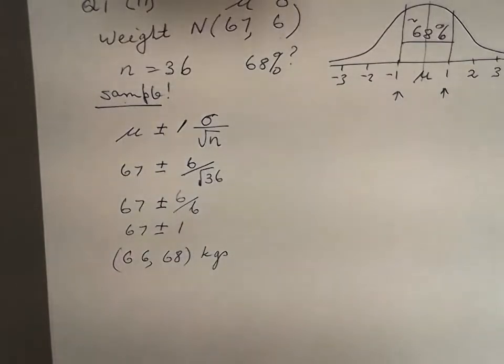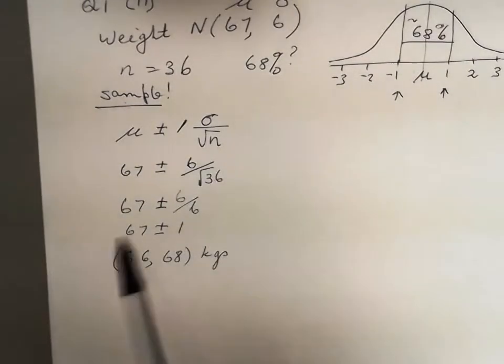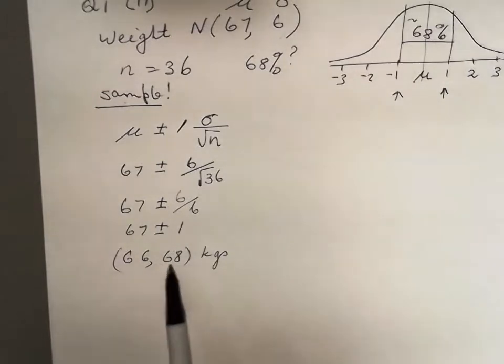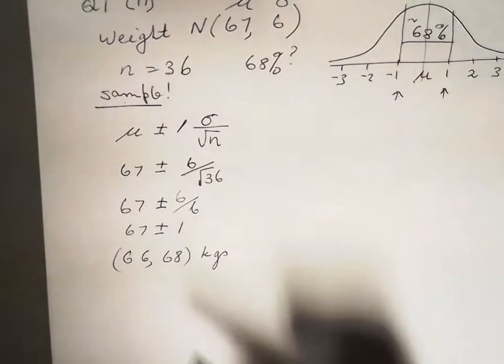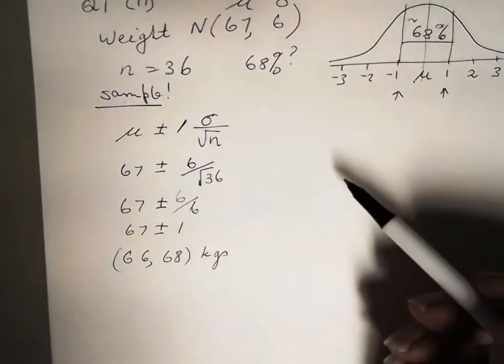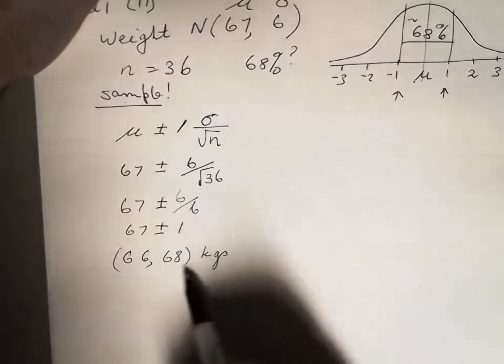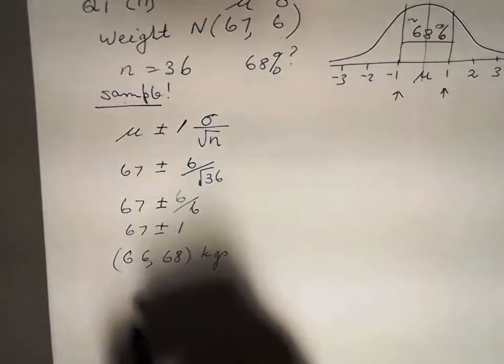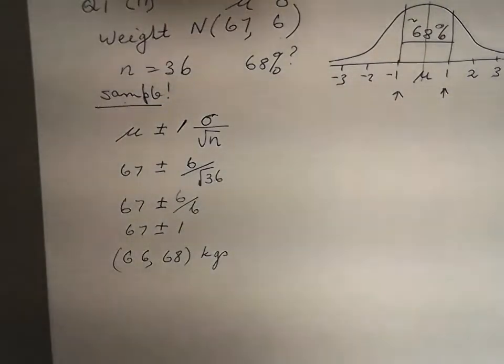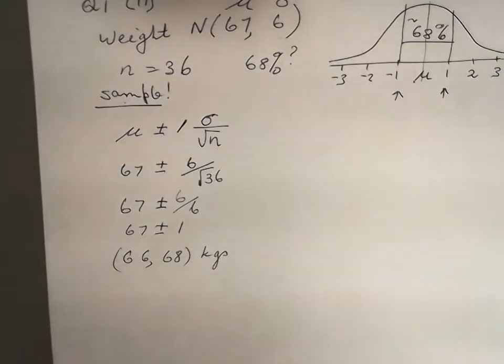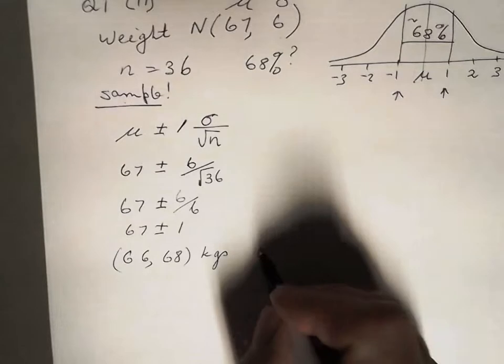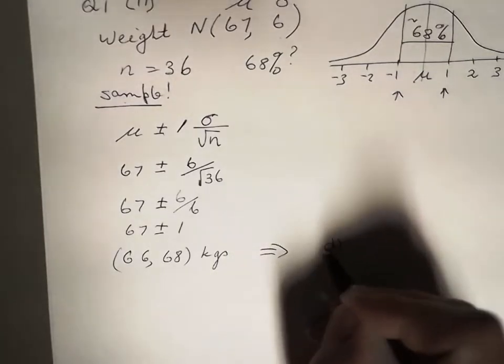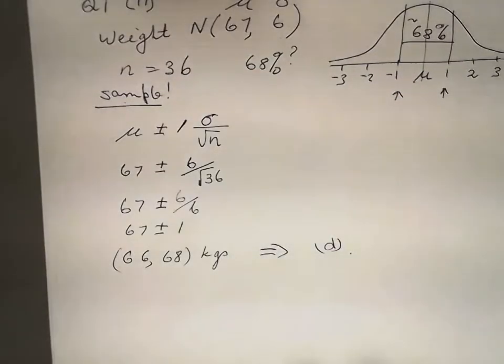So we expect the sample mean would lie somewhere between 66 and 68 kilograms. That was the last option on the question, part D, so the answer is D for that question.